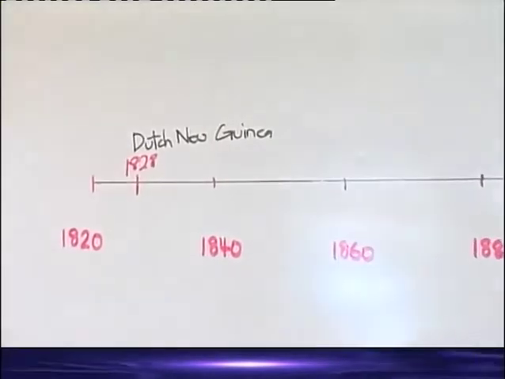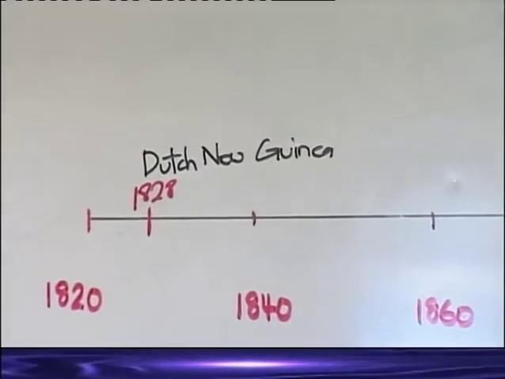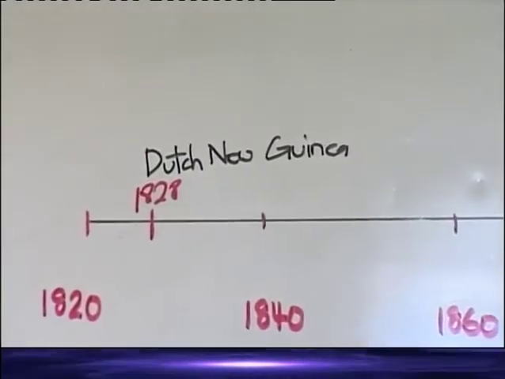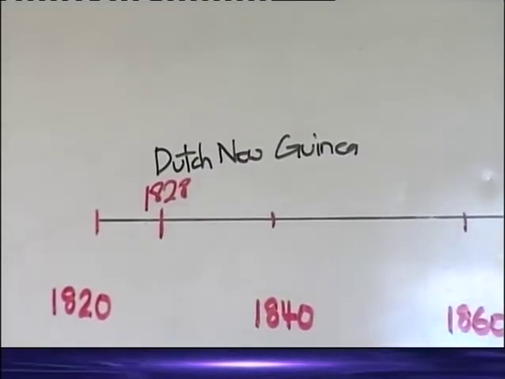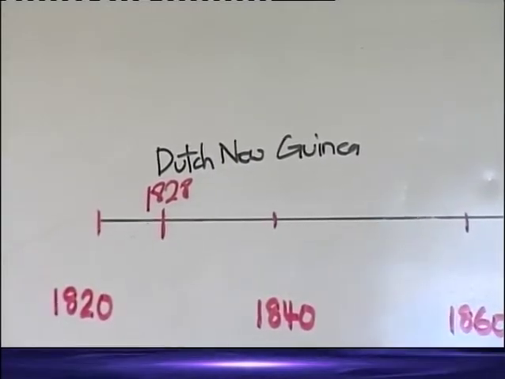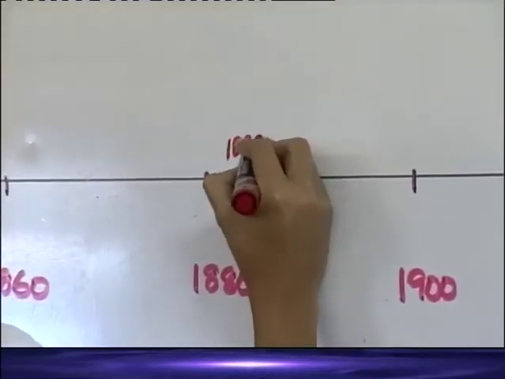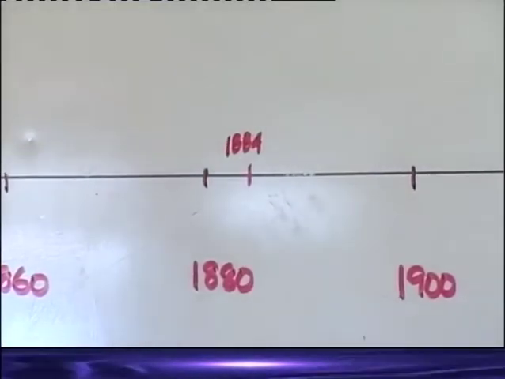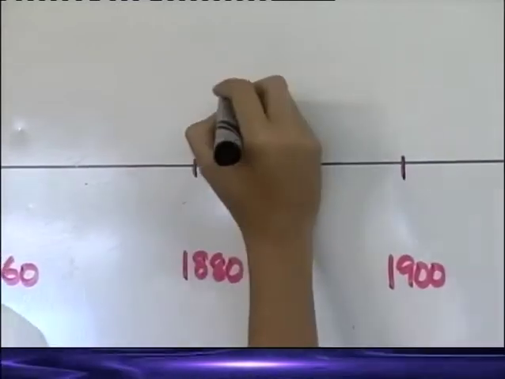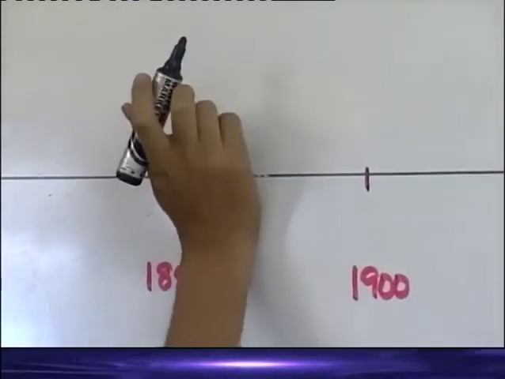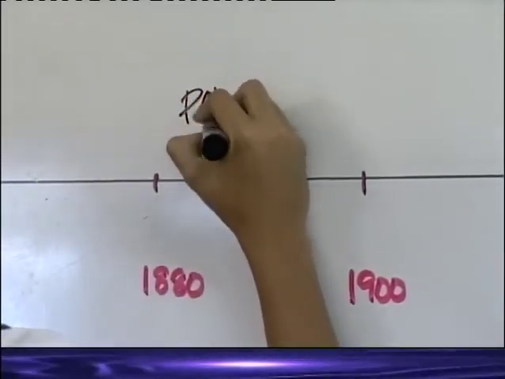All right, quickly, anyone for 1884? Daphne? All right, and 1885? Yep, Papua became a British protectorate.